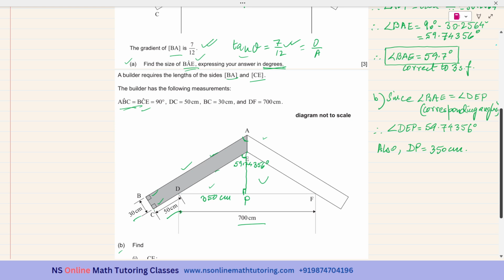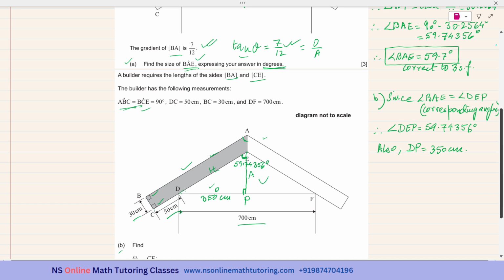Now we can find the length of this side DE from the triangle DEP. If we consider the triangle DEP, then with respect to this angle DEP, this side will be the opposite side, this side will be the adjacent side, and this side will be the hypotenuse.